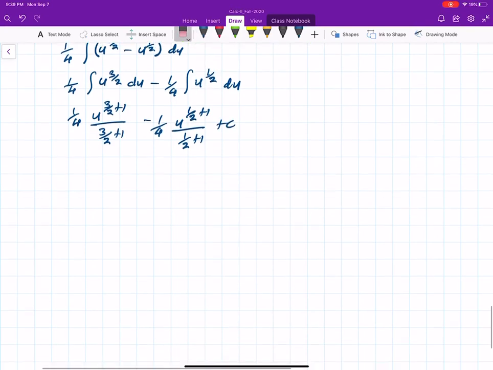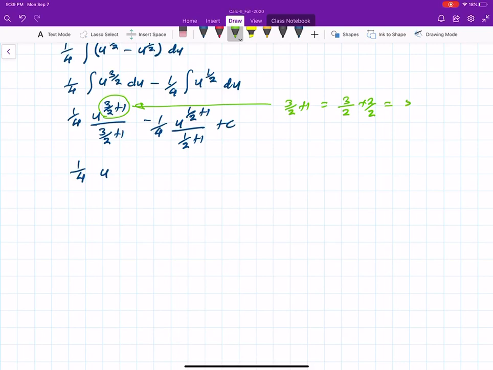All right. So simplify this further. 1 over 4 u to the power, let me simplify that in a different color. If you simplify that, 3 over 2 plus 1, find the common denominator, which is 2. This is 5 over 2. Okay, u to the power 5 over 2, and here 5 over 2.